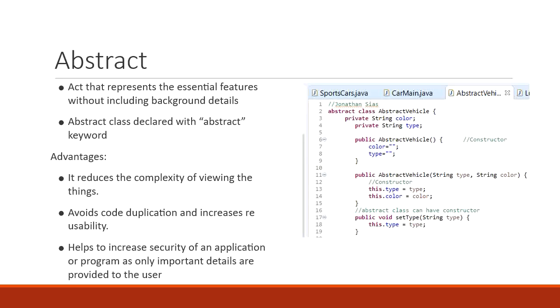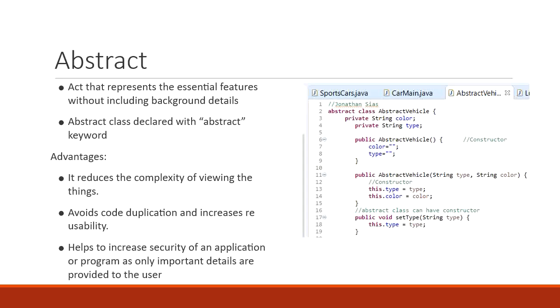For an abstract method, we declare it with the general form of the keyword abstract, type, method name, and parameter list. A thing to know is that there are illegal combinations with other modifiers. We cannot combine abstract with final, abstract static, and abstract private, just to name a few.